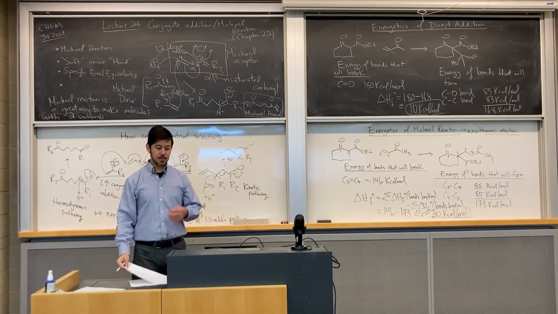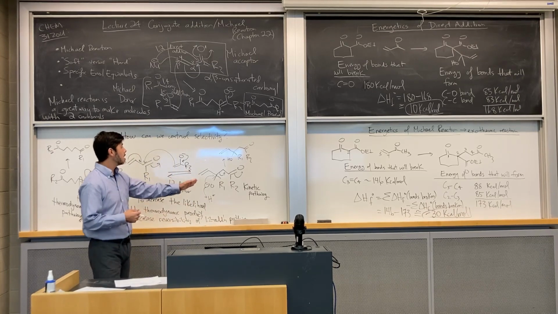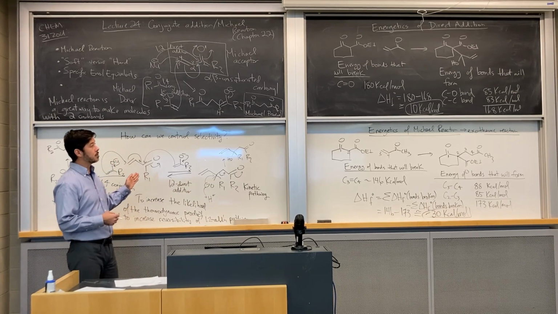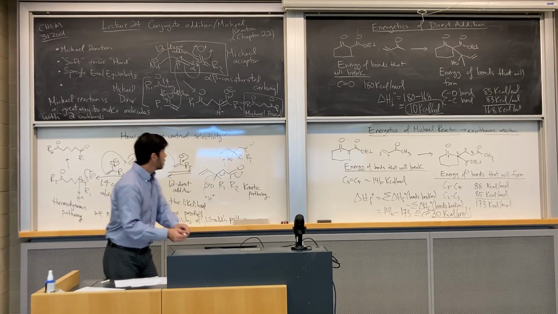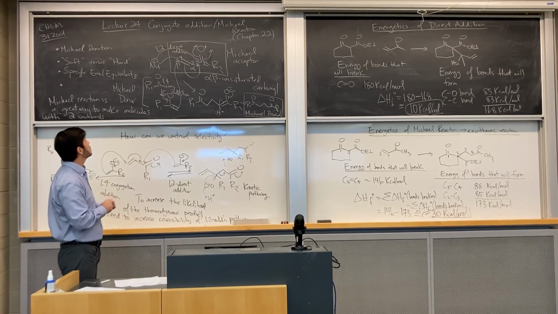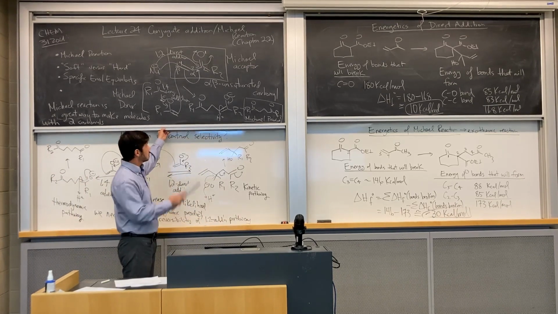As I mentioned, the conjugate addition reaction is favored by increasing the likelihood of this reversibility. So let's think about what we could do to make that more reversible. I'm trying to decide which board I should erase. Let's try up here.